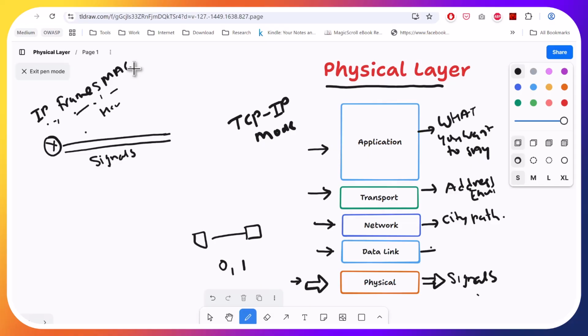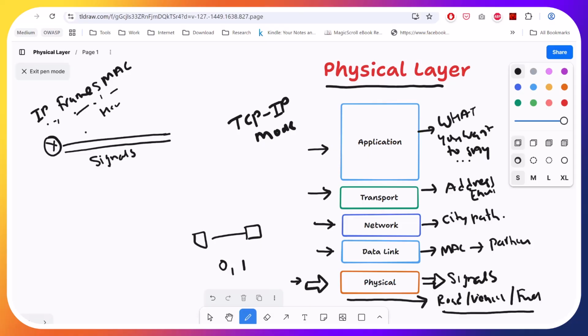The data link layer is related to the MAC address, so it is about finding the particular device. And the physical layer is about roads, vehicles, vehicles plus fuel, all the physical things needed to transfer the letter you have drafted. That's the physical layer's task.